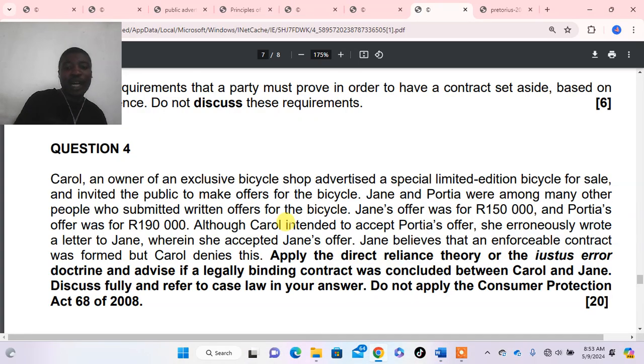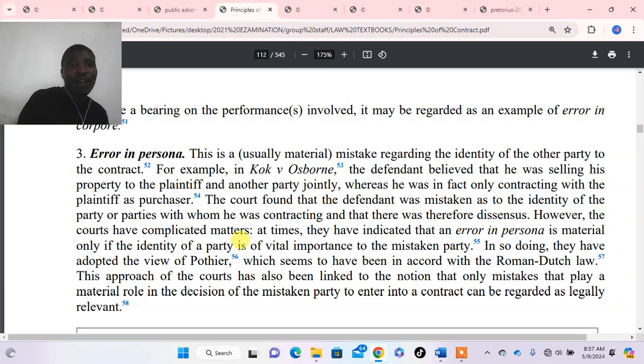There are different ways to answer this question, and let me show you in a simple way. Firstly, do you know error in persona? That case deals with error in persona, where you put the other person's name instead of another person's name.